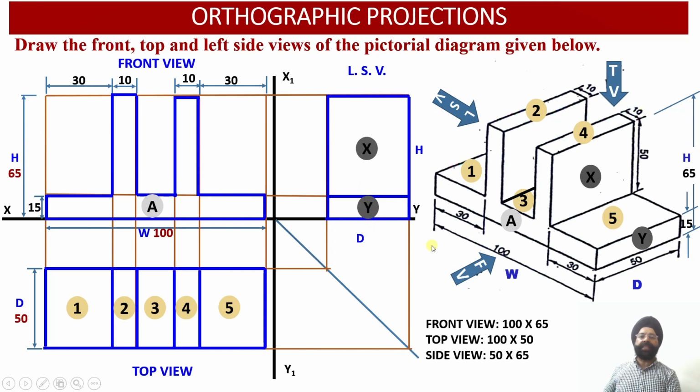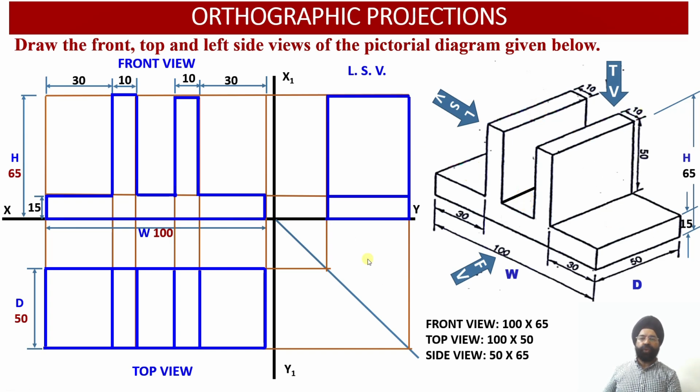So this completes the construction of the orthographic projections of a solid whose pictorial diagram we were provided with, right? Once we complete this construction, in order to have better clarity, we can now remove these shapes over here. So please check, I have removed all the faces from the orthographic construction.